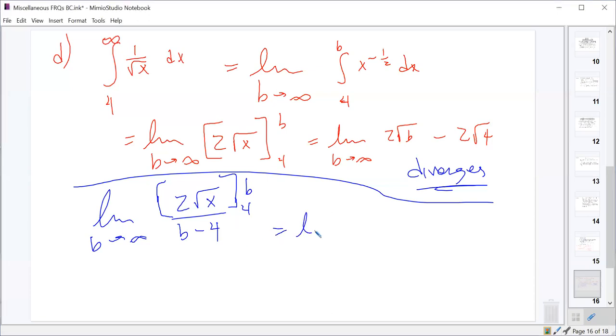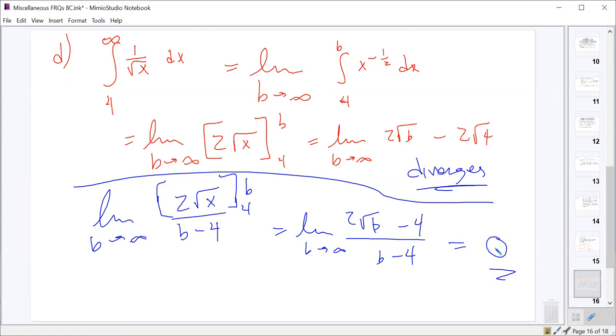And so then this becomes a limit as b approaches infinity of 2 root b minus 4 over b minus 4. And as b goes towards infinity, the minus 4s in both the numerator and the denominator become insignificant. And then we just have 2 root b over b, which should go towards 0. So the average value of that function on that interval is 0, but there is no finite value for the integral on that interval.